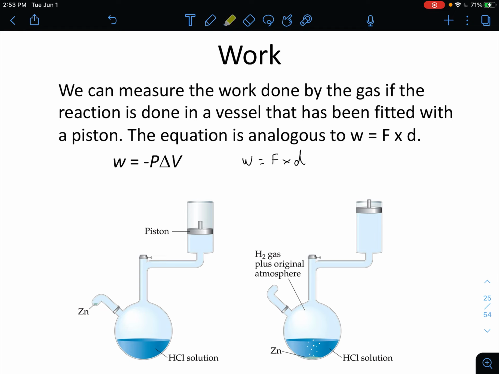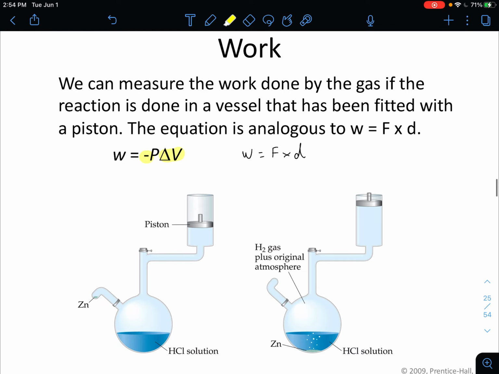So having this negative sign along with delta V coincides with what we were saying earlier. That means if delta V is positive, work will have a negative sign. If delta V is negative, work will have a positive sign. We'll elaborate on that in just a second.